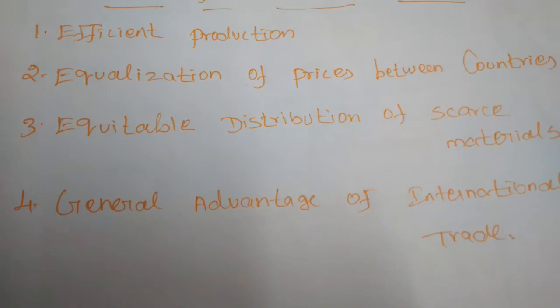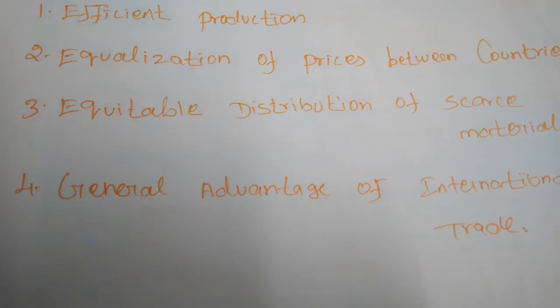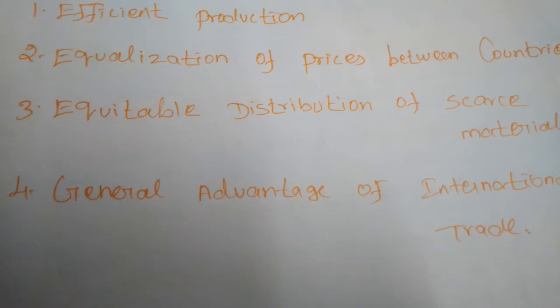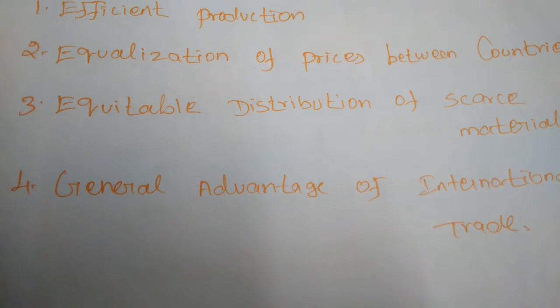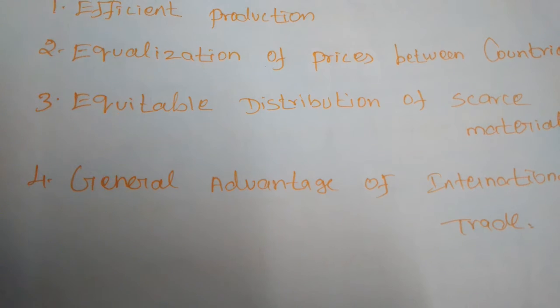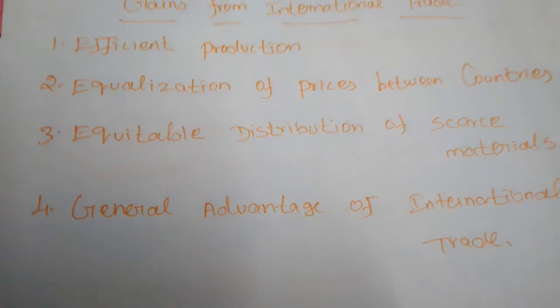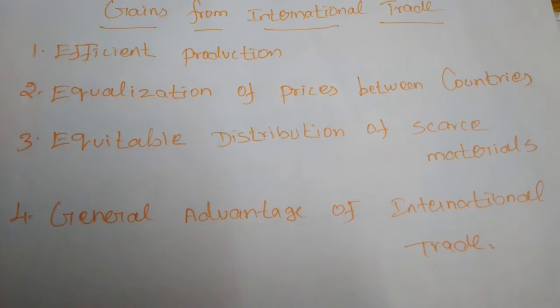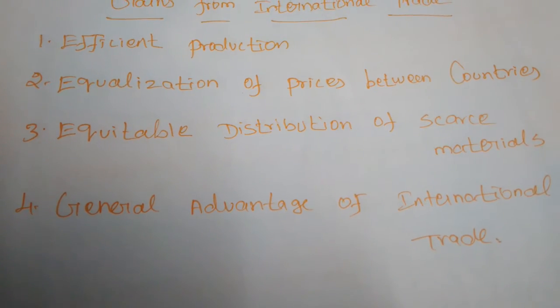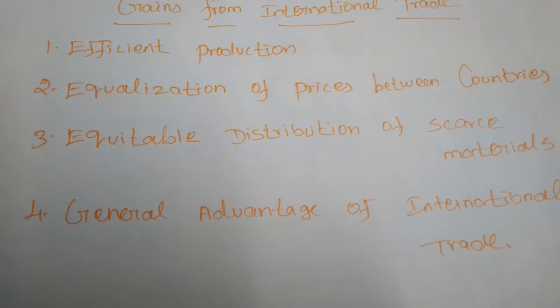By using absolute cost advantages or labor-intensive or capital-intensive goods, all nations are able to maintain reasonable or equalized prices. On the basis of the exchange rate only, the difference may vary, but mostly there will be only slight changes.